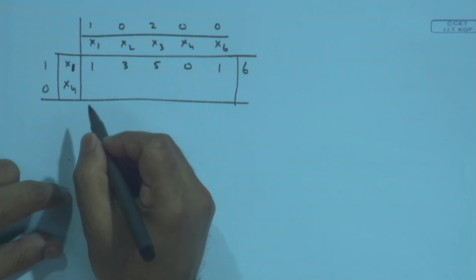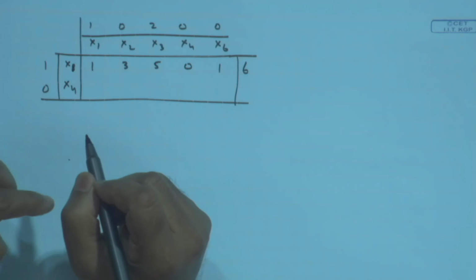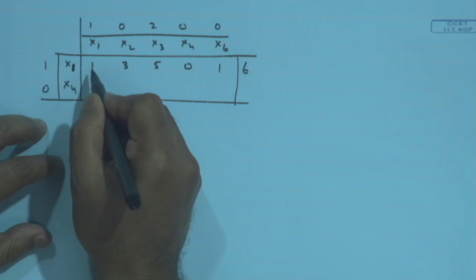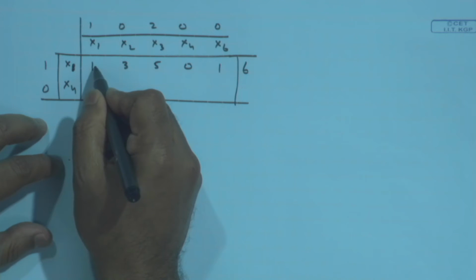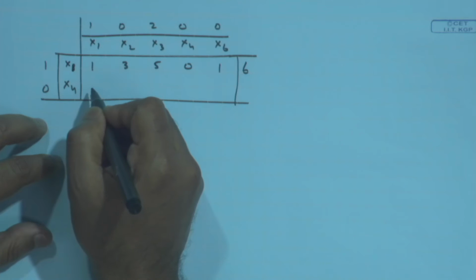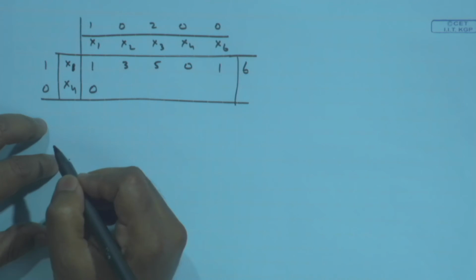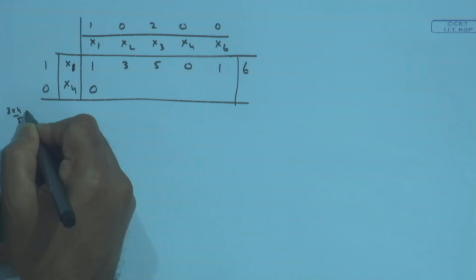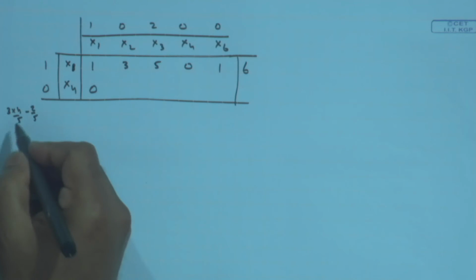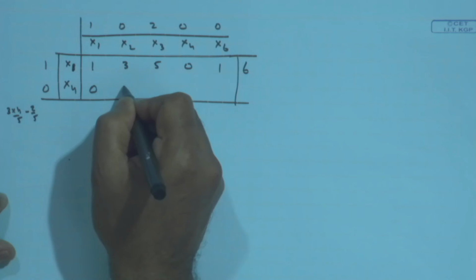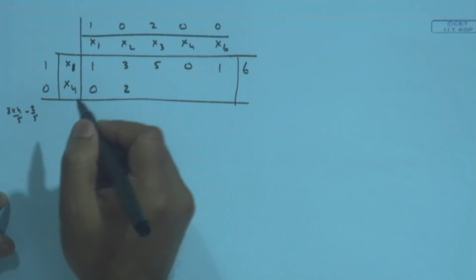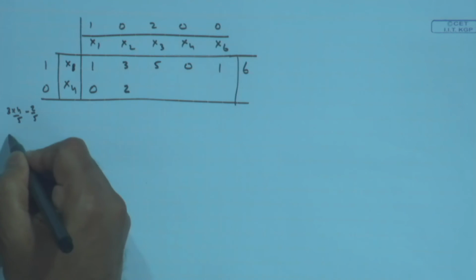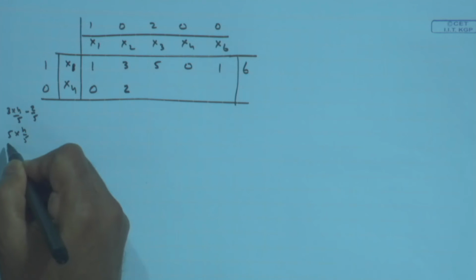Okay, now minus 4 by 5 has to be made 0. How do I do that? So I have to multiply the first one. Yeah, add it to that. So for this becomes 0. So 3 times 4 by 5 minus 2 by 5. So 12 by 5 minus 10 by 5. Okay. Then we have 5 I multiplied by 4 by 5, which is 4.